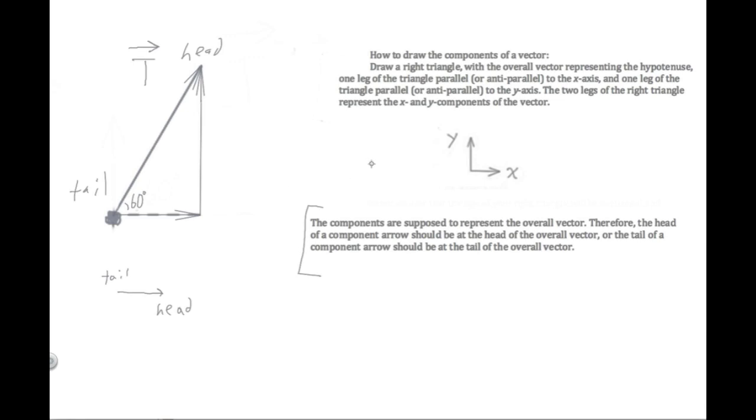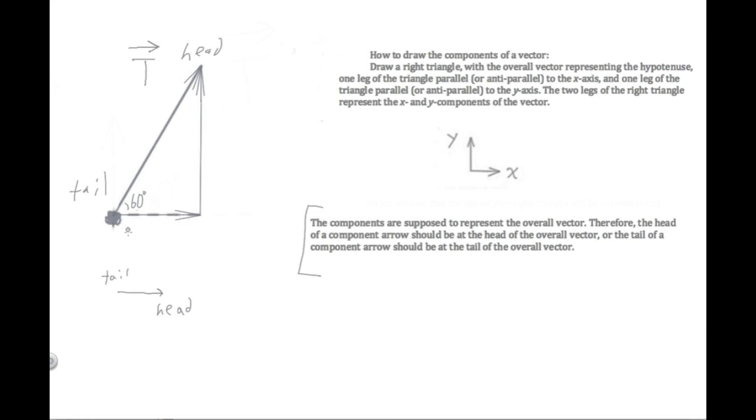You should memorize these rules for drawing the sides of the right triangle, and these rules for drawing the directions of these components. Now remember that we always want to label every vector arrow that we draw. Notice that components have directions, so components are also vectors.